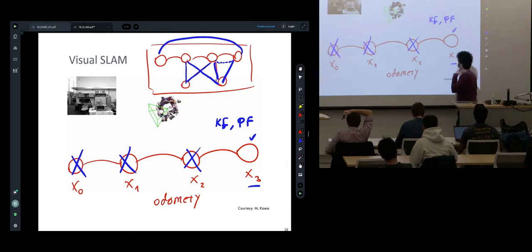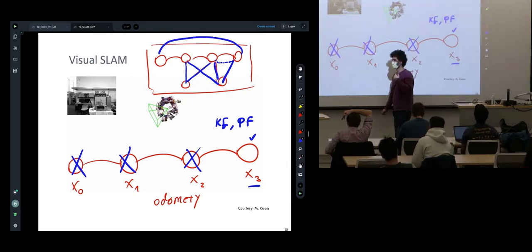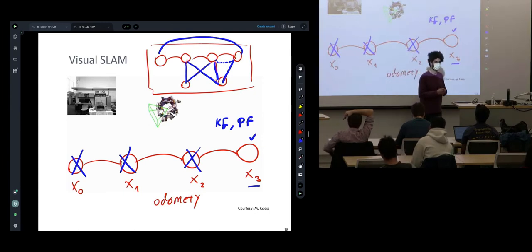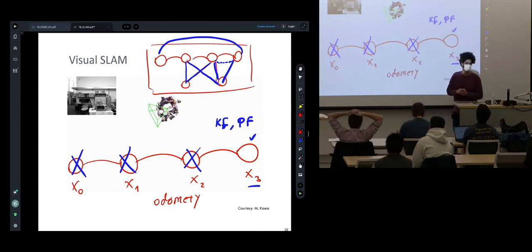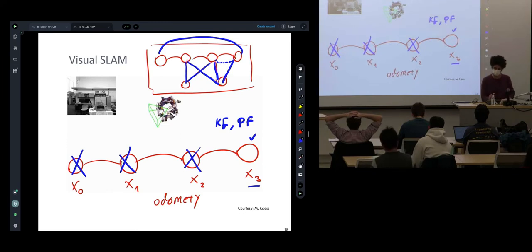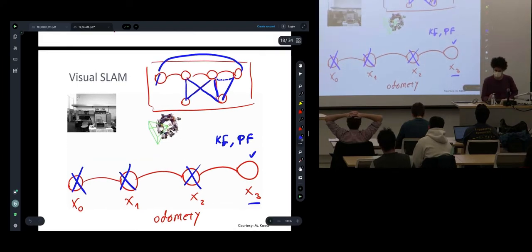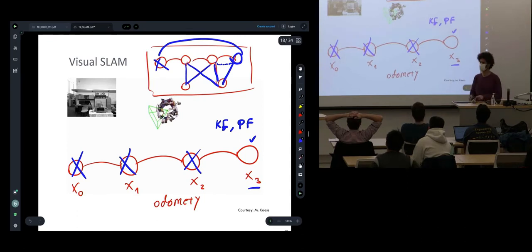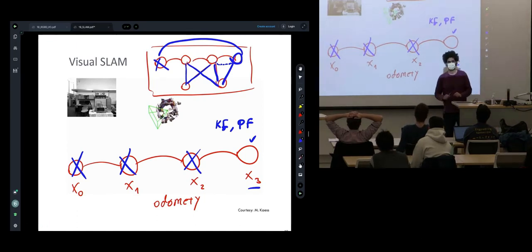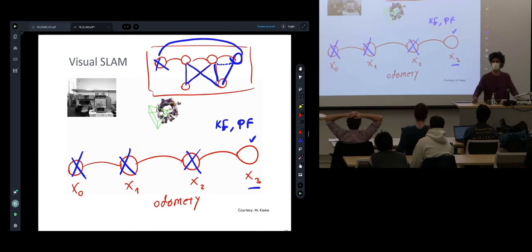If I'm relying on my current estimate to search nearby in the graph for loop closure, and it takes a really long time to go around a building and come back, and the drift is so high that this node is not falling into the neighborhood of that node, right? What can I do?